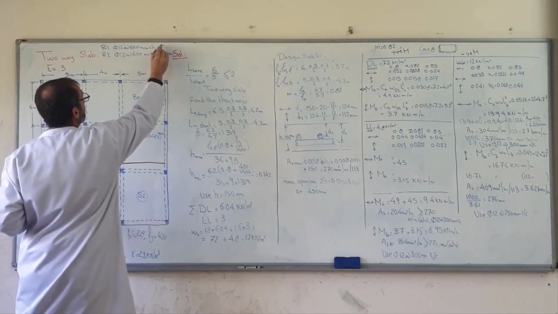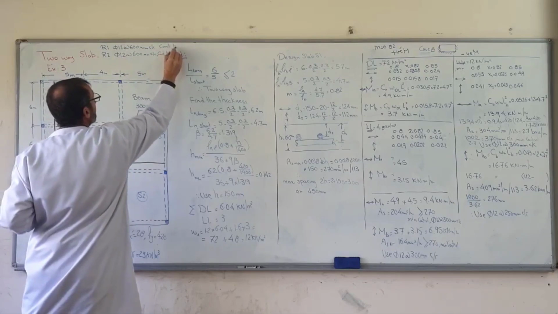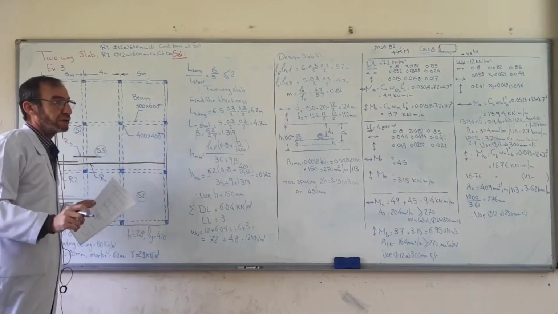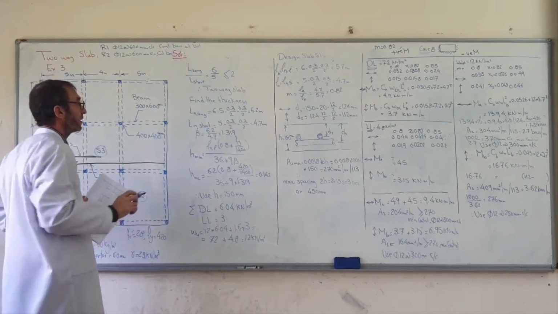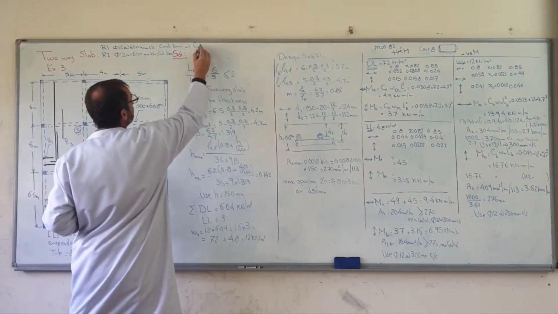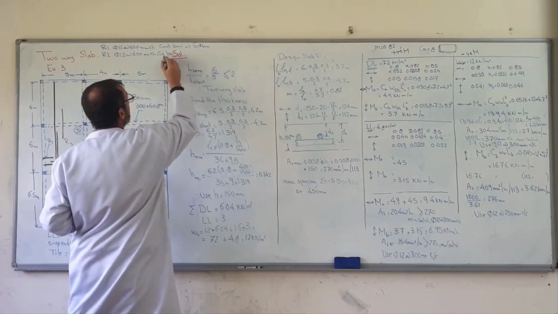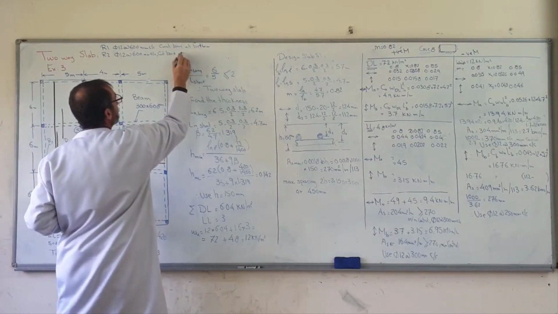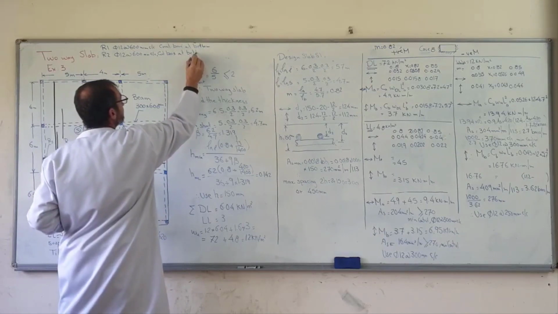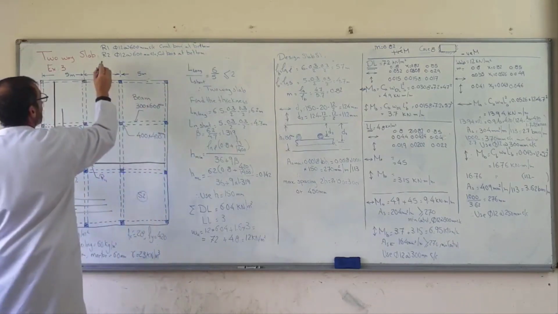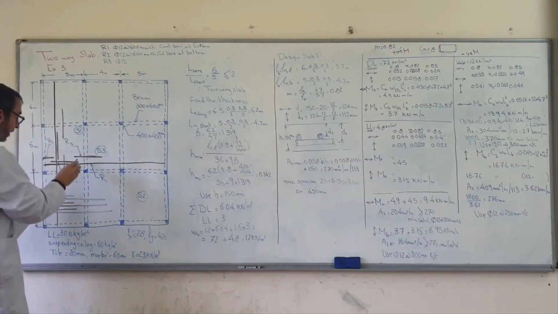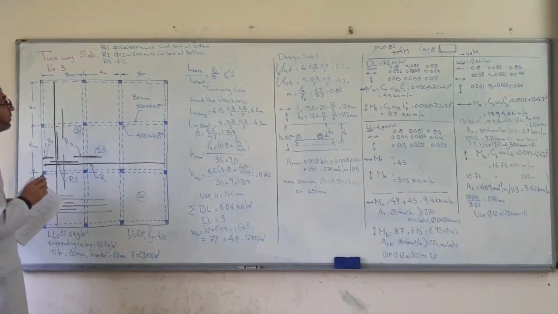Continuous bar at bottom. But this is also at bottom. This is also at bottom. Clear? R3, phi 12, R3 is additional bar at top.